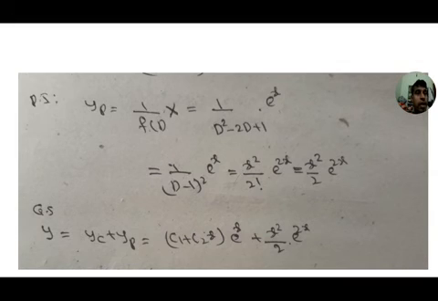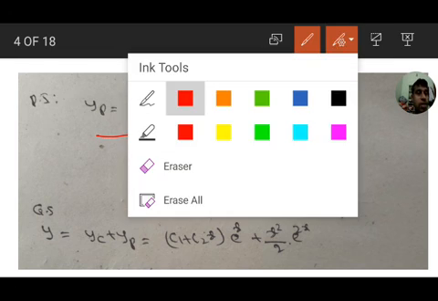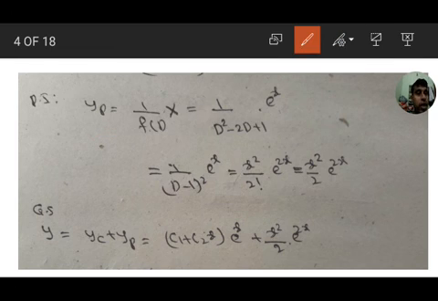Next, particular integral PI equal to yp equal to 1 by f of D capital X. So 1 by D square minus 2D plus 1, e to the power of x. If you substitute D equal to a, that is 1, we get 1 minus 2 plus 1, which comes to 0. So we have to factor: D minus 1 whole square, e to the power of x. Here the factor D minus 1 is repeated, whole square means 2 times.